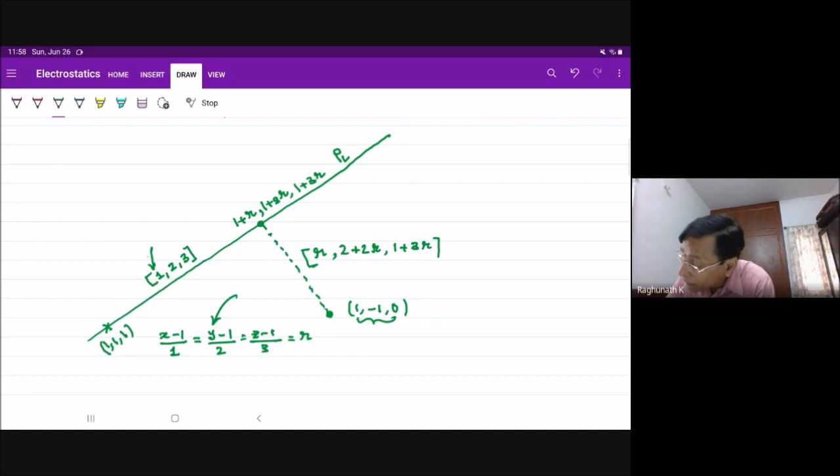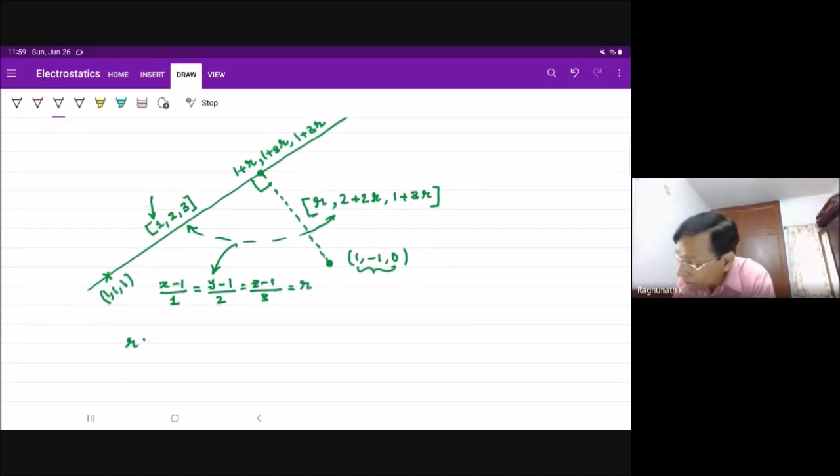These are the direction ratios of the perpendicular dropped from the point of interest onto the line. Because this is perpendicular to the line, we need to find out that R for which it is perpendicular, by taking the perpendicular relation of direction ratios where A1 A2 plus B1 B2 plus C1 C2 is equal to 0.